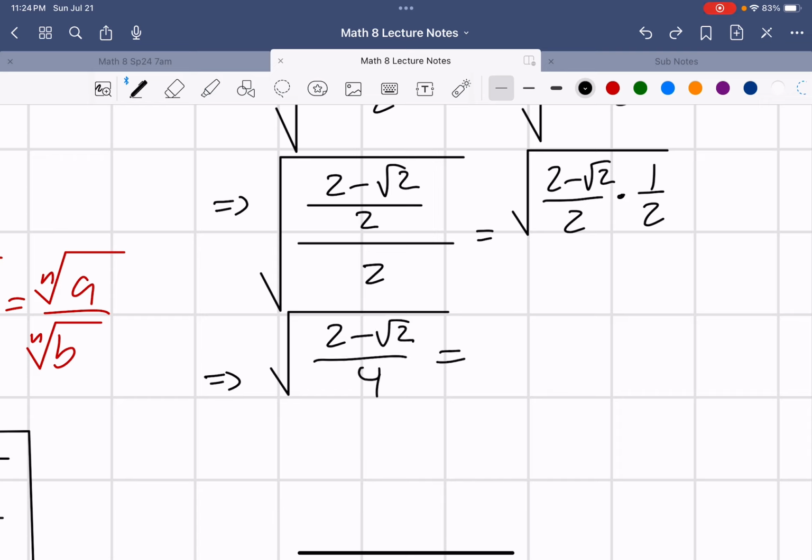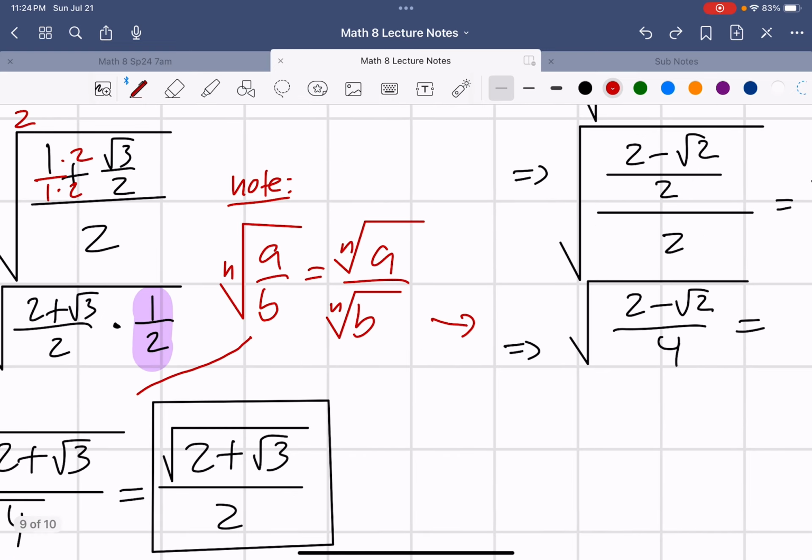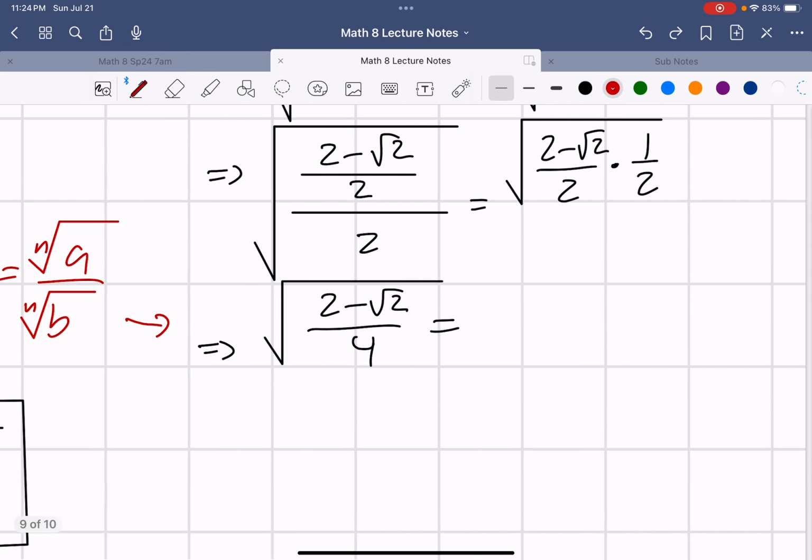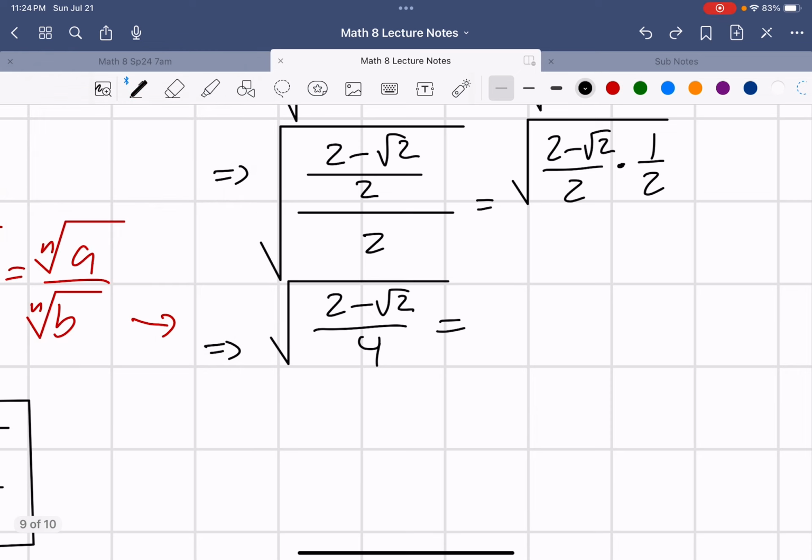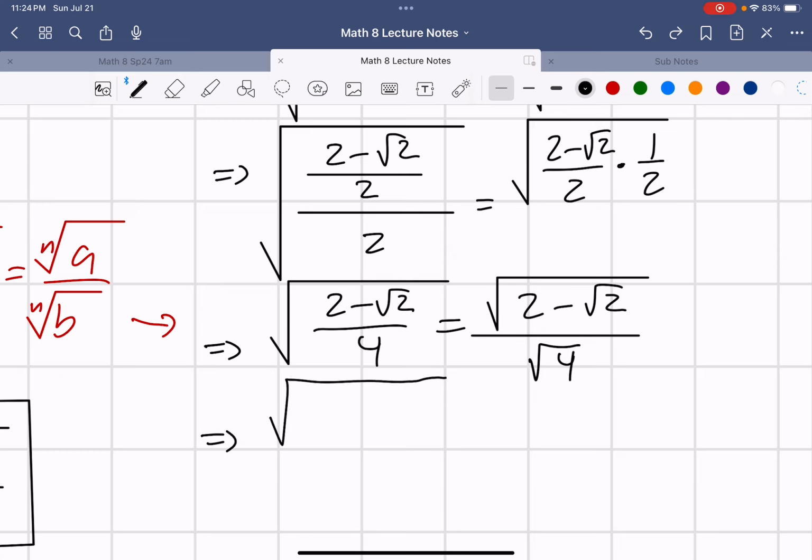Using this exact same rule in both problems, I can split this into square root of 2 minus square root of 2 all over square root of 4. That we know leaves us with 2 minus square root of 2 all over 2.